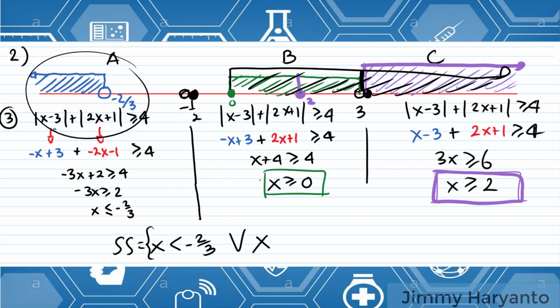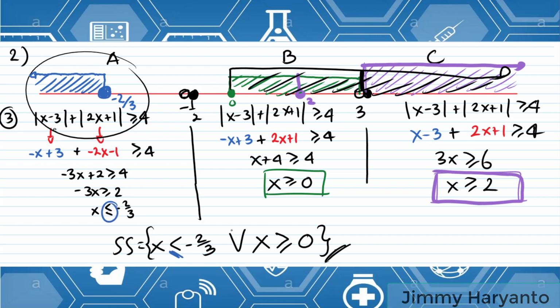Ini mulai dari 0 ke kanan kan. Mulai dari 0 ke kanan berarti x greater than or equal to 0. Gitu. Ya, ini jawabannya. Oke. Oops, sorry, I forget this dot should be colored because it has equal sign. So the answer is like this.